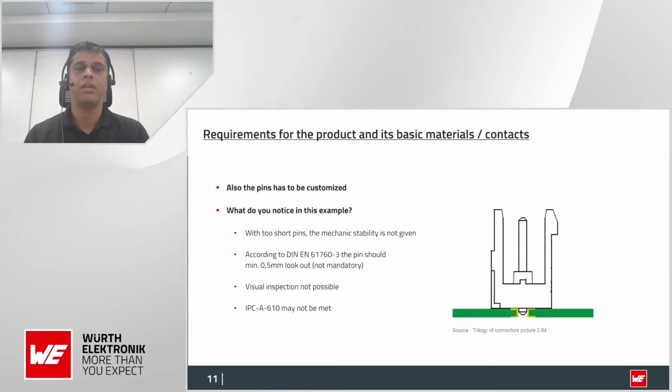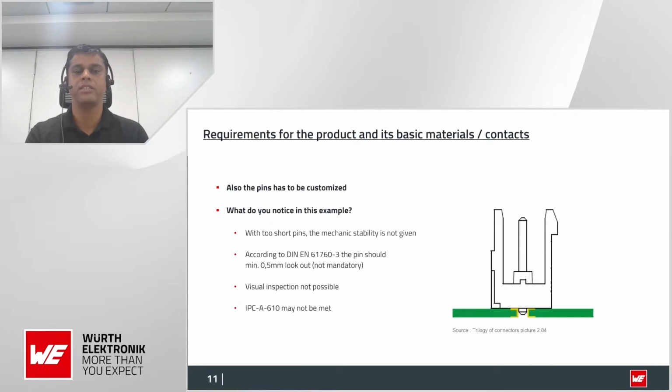With too short a pin, the component will be like floating on the surface of the PCB. It will not be assembled as per the standards we'll talk about. The standard we're talking about is IPC-A-610. If you assemble the component and the solder paste, it has to be properly assembled and meet the IPC 610 standard.